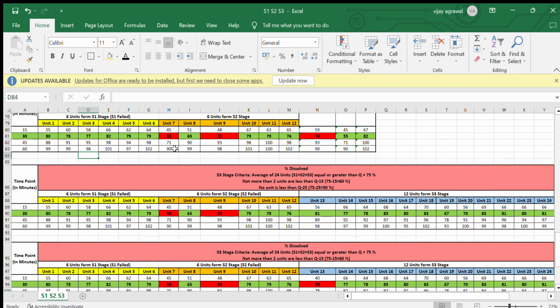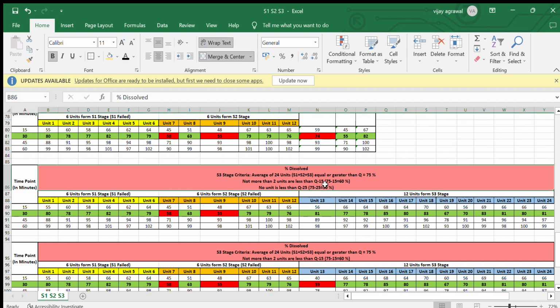Now we have taken the 12 units data from S2 stage. 6 units came from S1 stage, another 6 units from S2 stage, and now we have to perform dissolution on 12 units and we have to compare the data as per the S3 stage.